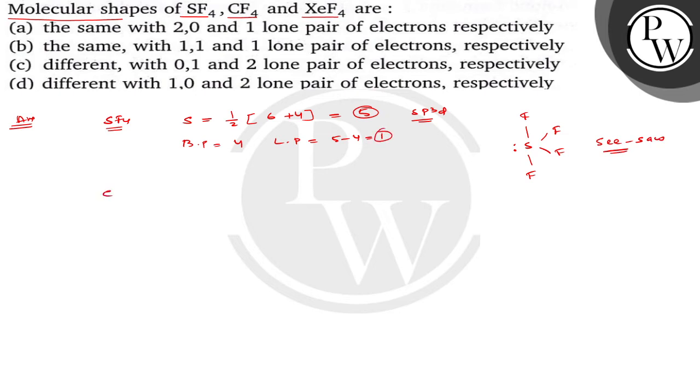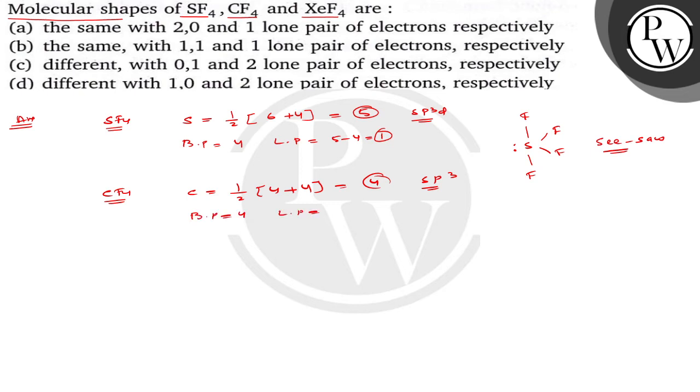In case of carbon tetrafluoride, the carbon is the central atom and number of electron pairs around it is half multiplied by 4 plus number of monovalent atoms, it is 4. So number of electron pair around carbon is 4 and this represents the hybridization sp3 and geometry is tetrahedral. ठीक है. So here the number of bond pair is also 4.